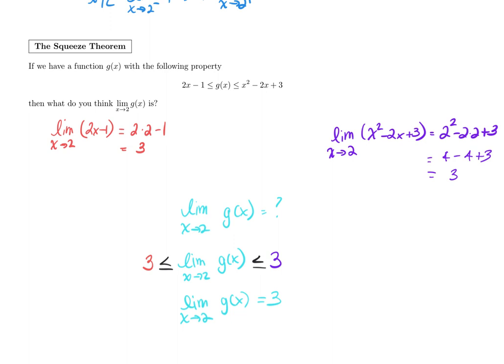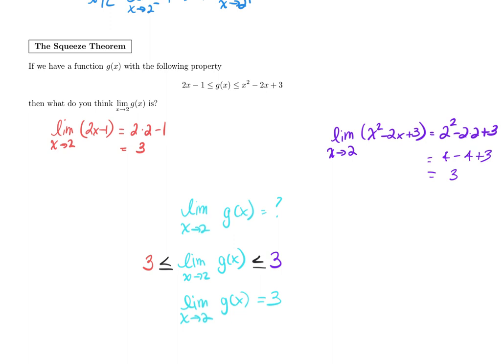This is the idea behind the squeeze theorem. That limit can be found because we have two other functions at the same value of x that are squeezing it into being the exact same value that they are. So here, it has to be 3.